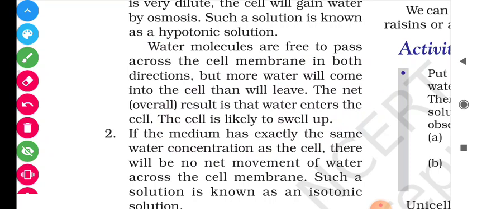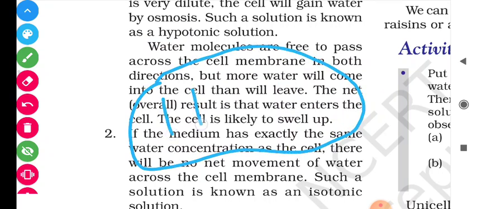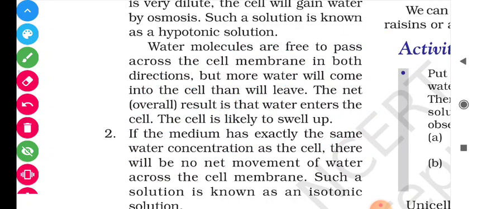But more water will come into the cell than will leave. Matlab, if more water is gained by the cell, then the remaining water will leave. If enough water is gained by the cell, then the excess water present inside the cell will be excreted out. That is the meaning of this sentence.